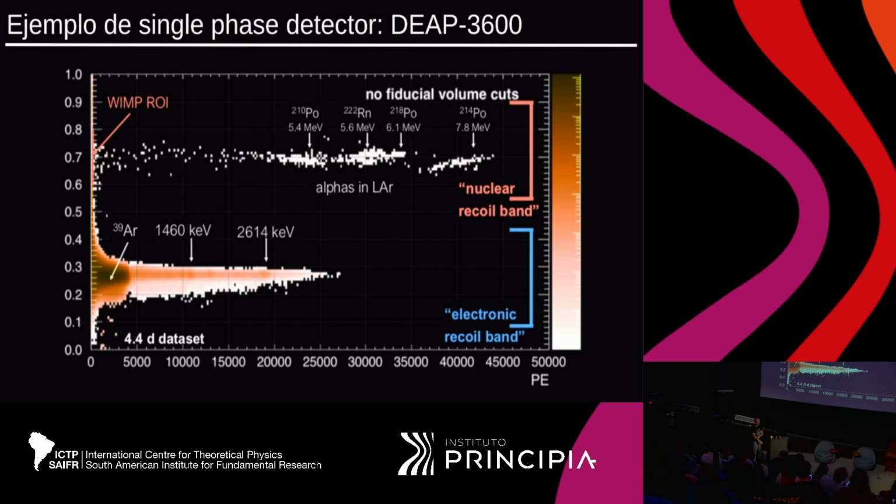Just to clarify, would WIMPs always cause nuclear recoils then? Yes, at least, you need some kind of model to interpret your data. That's always the case, okay? For WIMPs, the cross-section is much, much larger for nuclear recoils than for electron recoils.